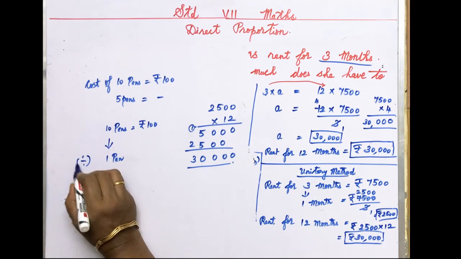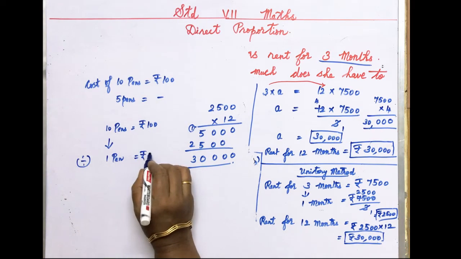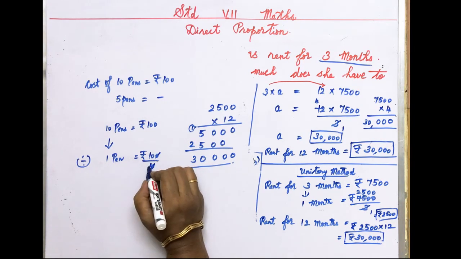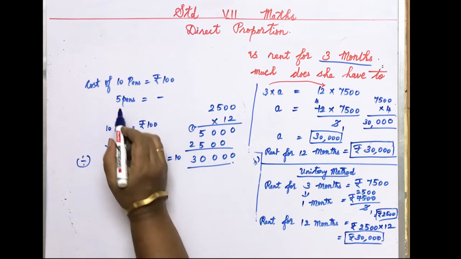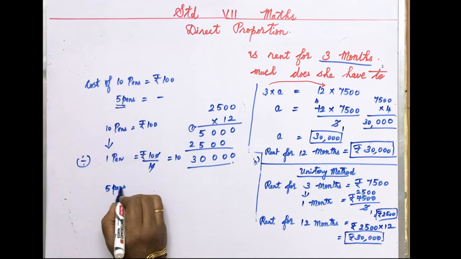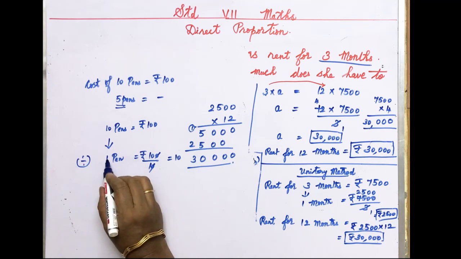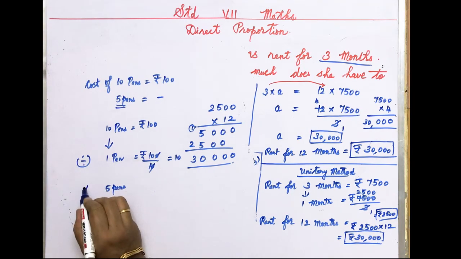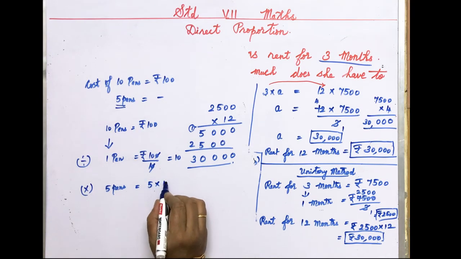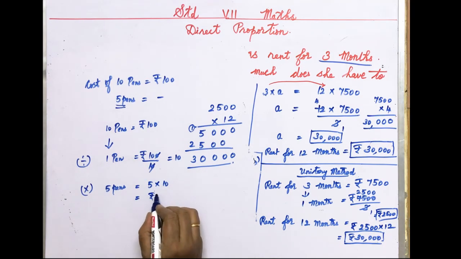We have to divide. So 100 divided by 10, 0 will get cancelled, 10 by 1 is 10. Now for how many pens should we find out? 5 pens. We know the answer for 1 pen. To find out for 5 pens we should multiply. So 5 into 10 becomes 50.